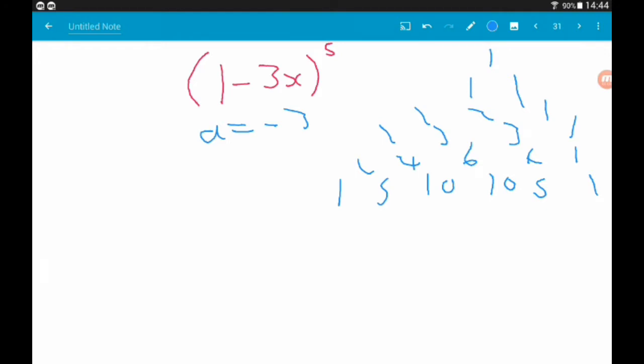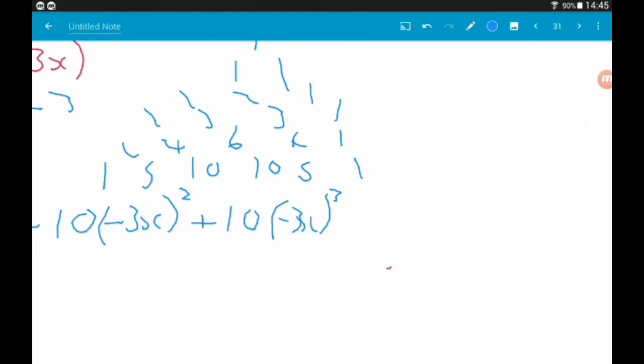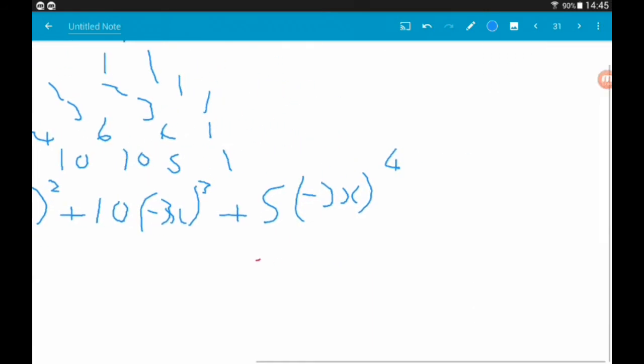So we are going to get 1 plus 5 lots of minus 3x, plus 10 lots of minus 3x all squared, plus 10 lots of minus 3x all cubed, and then plus 5 lots of minus 3x all to the power of 4, and then for our final term we're going to get plus minus 3x all to the power of 5.